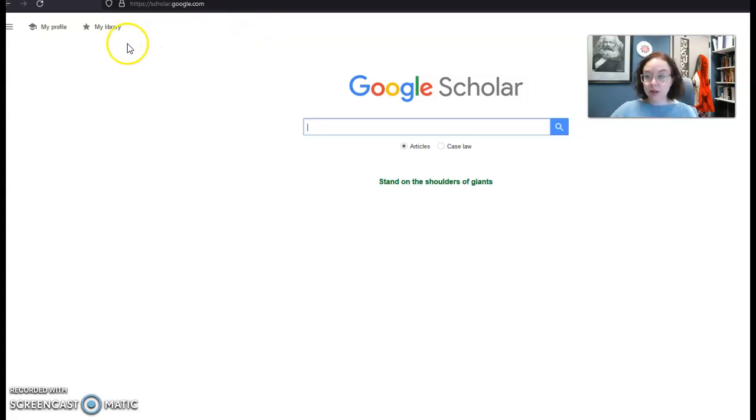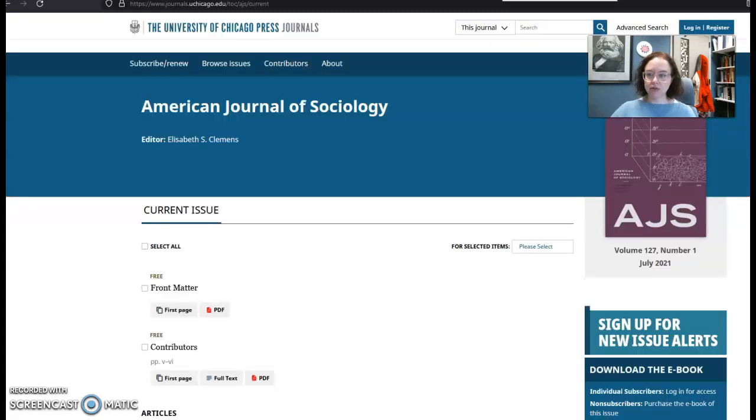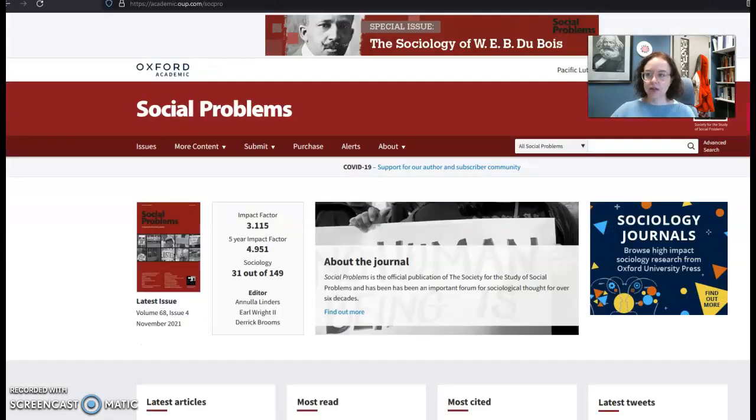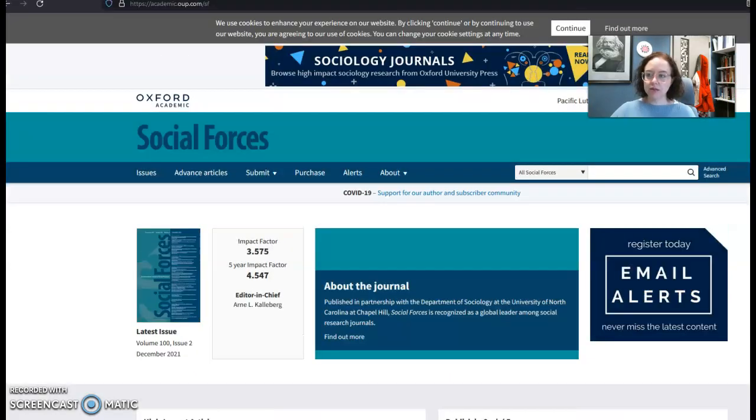The important thing to know is that there are two types of sociological journals. One we call generalist journals, which are written for all sociologists. Our primary sociological journals for generalists are the American Journal of Sociology, the American Sociological Review, Social Problems, and Social Forces.